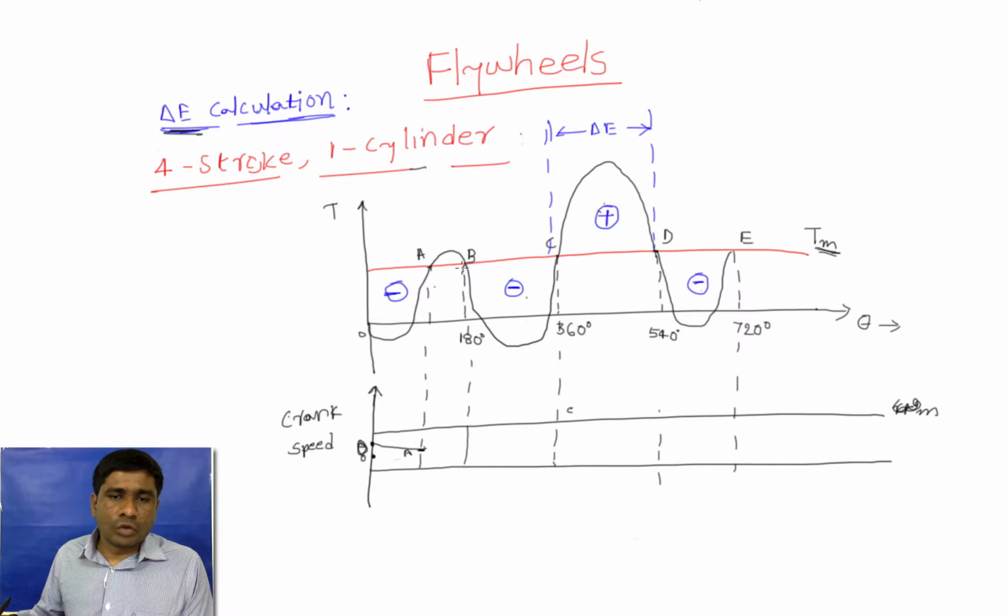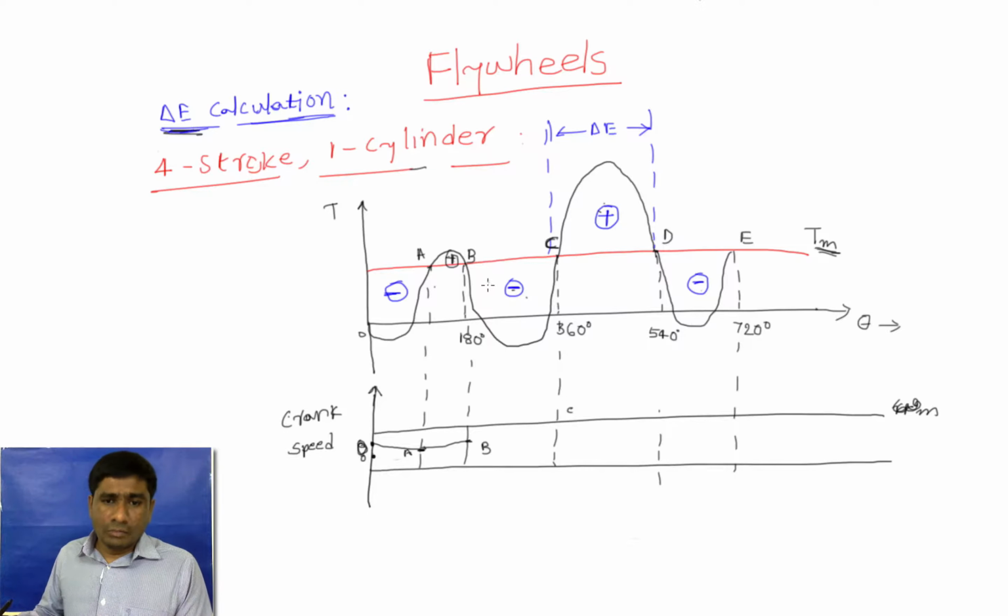And if you take point B, here we got a little bit of energy surplus area, so by the time it reaches the point B, the crankshaft speed is a little bit more than the velocity at A. So for example, this is the B. And if you take point C, we have again one more big deficit area.